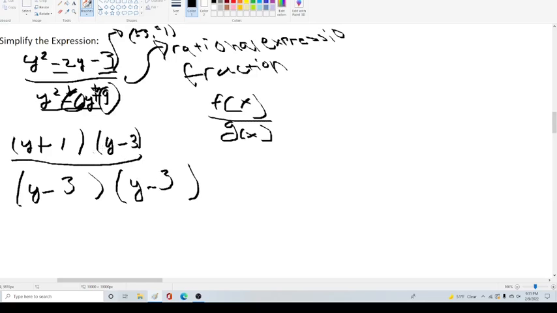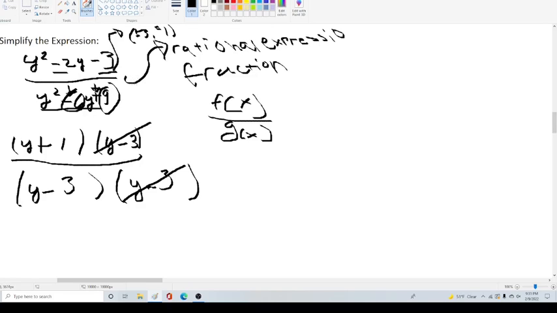And so what's going to happen is we're going to cross out the common factors. We can only do this if the top and the bottom have terms in common. Well, y minus 3 and y minus 3 are in common. So since the top has one and the bottom has one, we cancel them out.